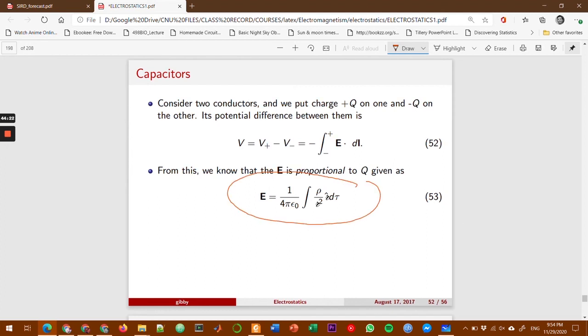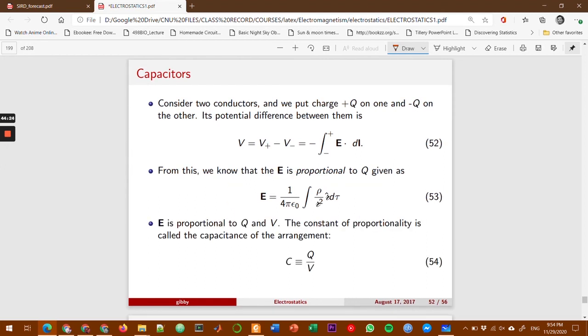We have this. So E is proportional to Q and V, right? Okay. E is proportional to V. Tungod atong negative del V, proportional sa V, tapos E is proportional to Q by virtue of this.